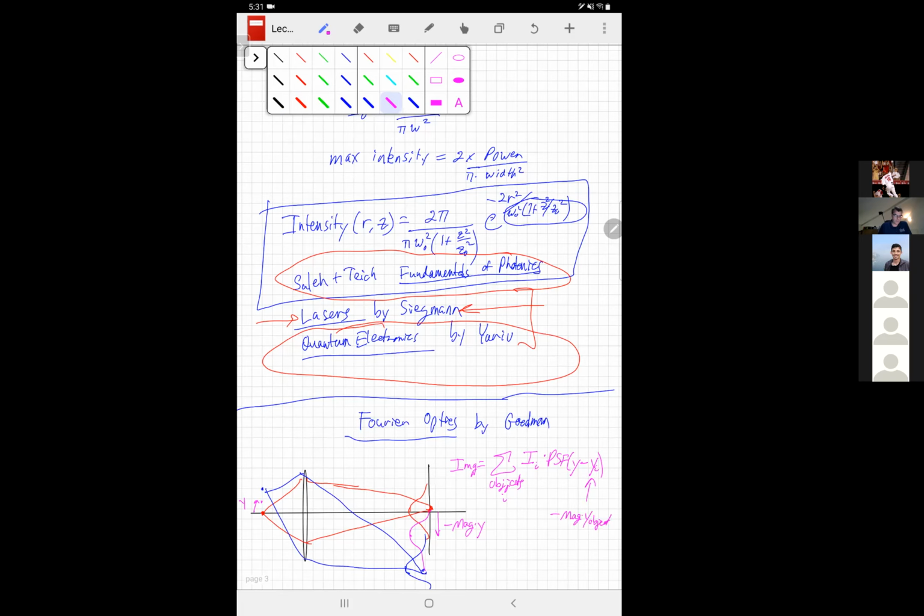All right, so whatever height it was at, multiply it by the magnification. That's the idea. We're just adding up many point spread functions on the detector plane. Any questions so far?